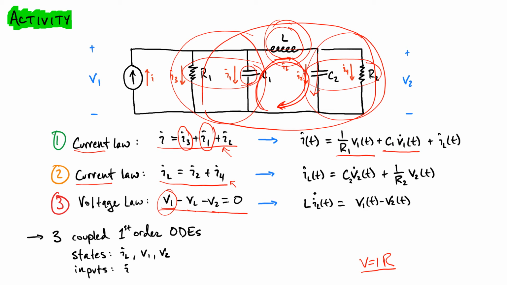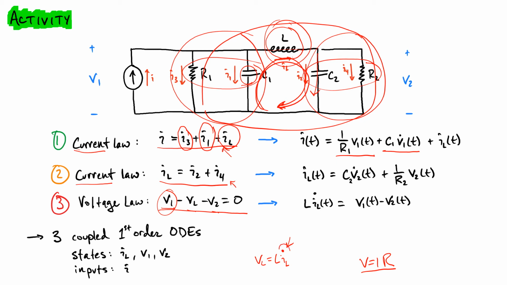And then in this case, IL is something that we could substitute for, but because the expression for the inductor looks like VL equals L times IL dot, the derivative of IL, it's more difficult to use IL as a state.